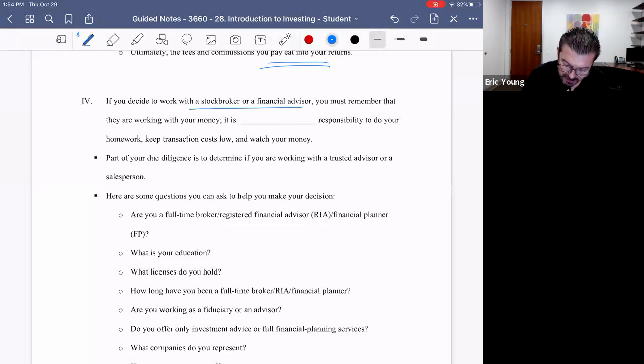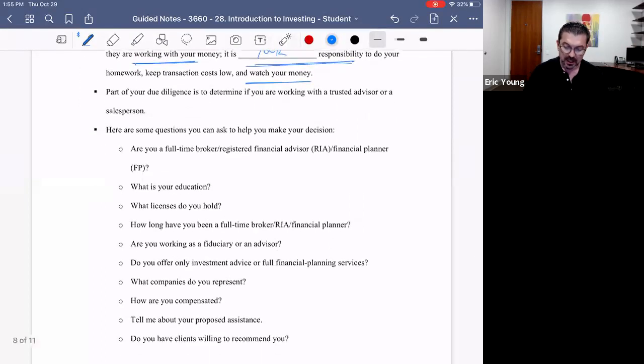But you must remember that ultimately these people are working with your money. And therefore, and I cannot stress this, it is your responsibility, yours, to do your homework, to ask them questions, to do your due diligence, to make sure they're keeping your trade and transaction costs low, and critically, to watch your money.